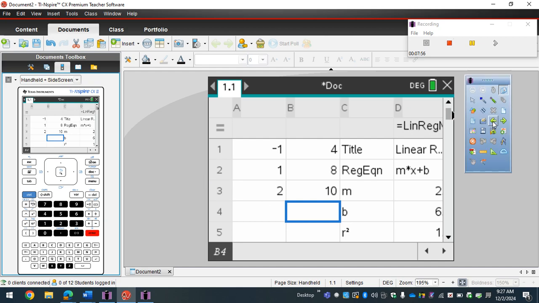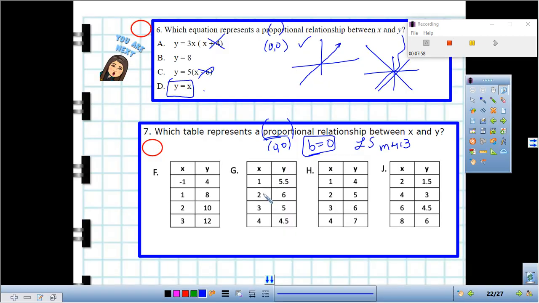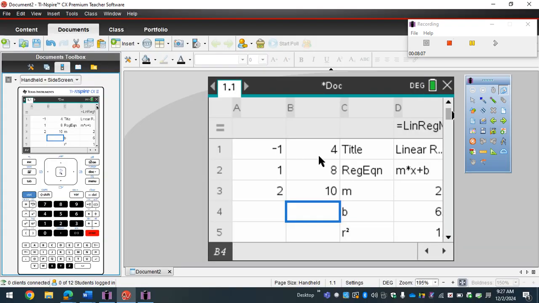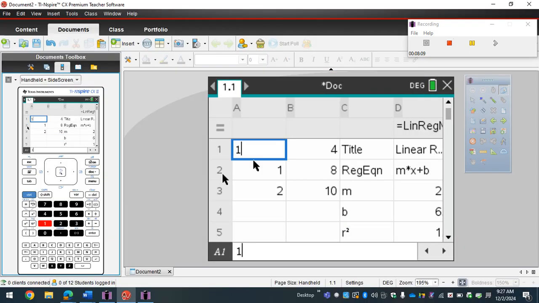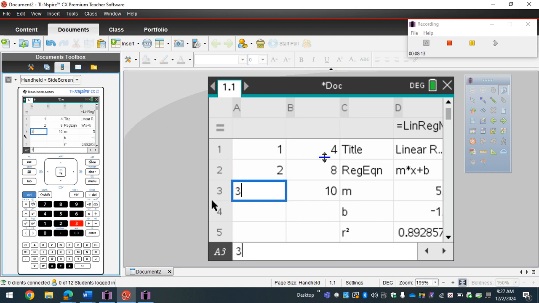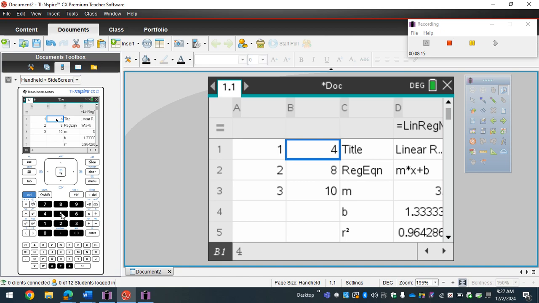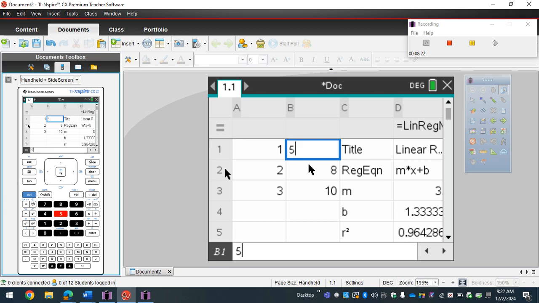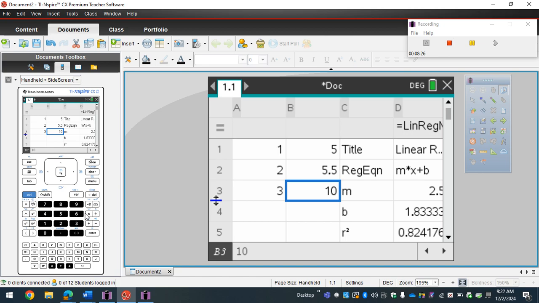Let's come back and check the number. Is that a 1? 1, 2, 3. And it's 0.5. I think it's 5, 5.5, and it's 6.